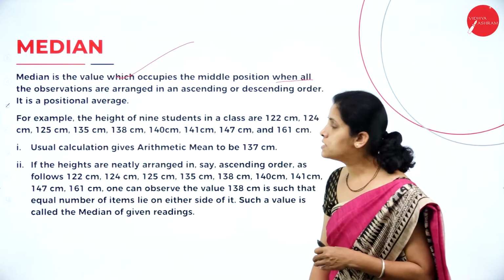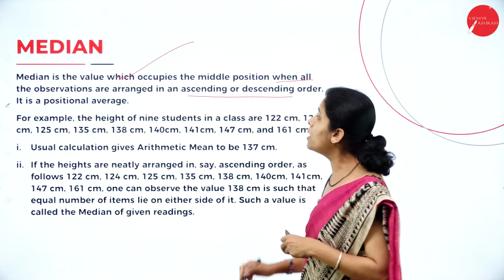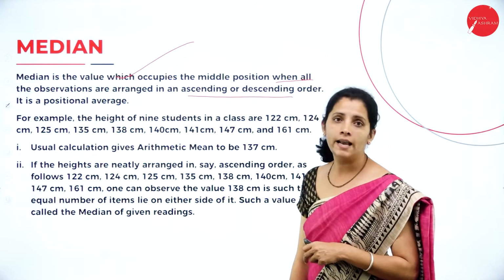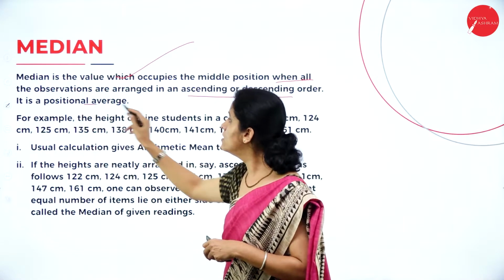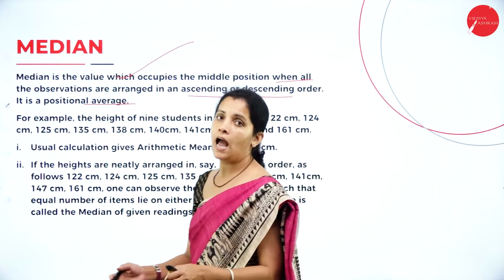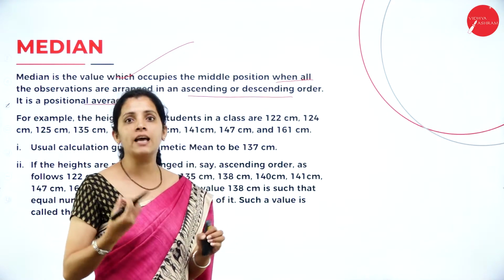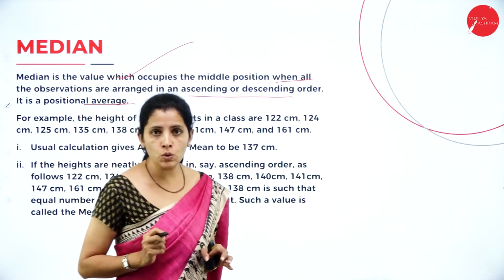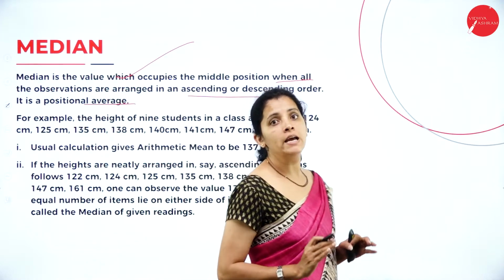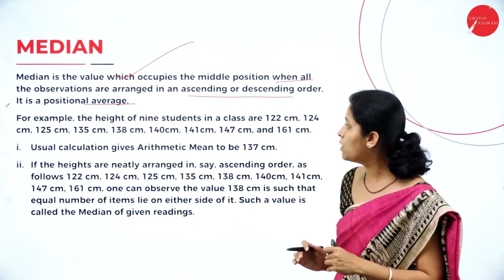When all the observations are arranged in ascending order or descending order, then it is a positional average. Think that I have 10 observations and all the observations are scattered. First I want to align the data or observations in ascending order or descending order.